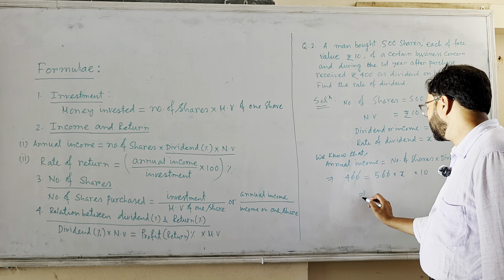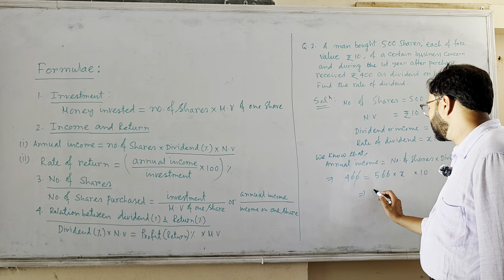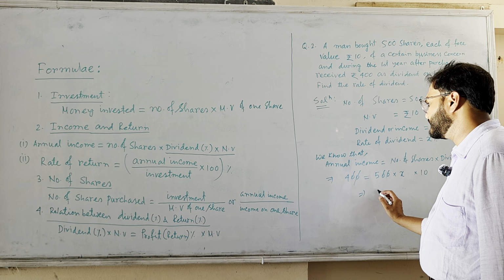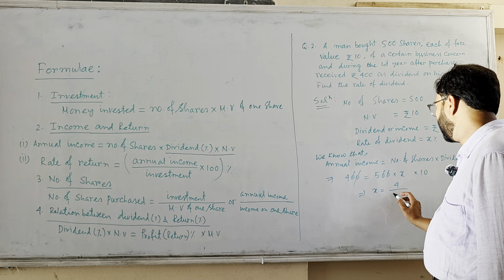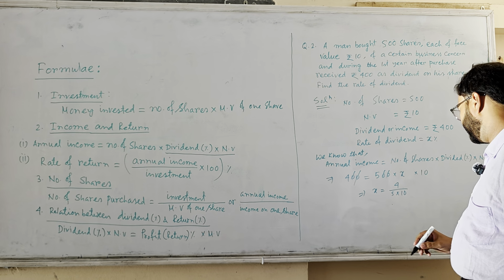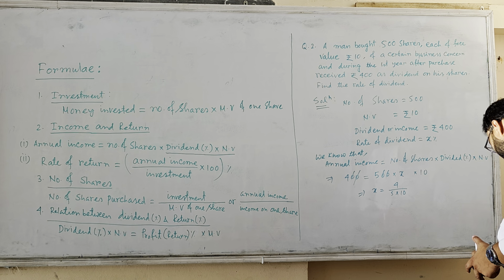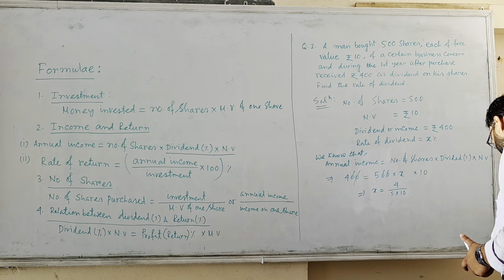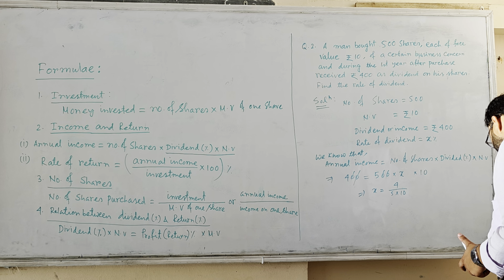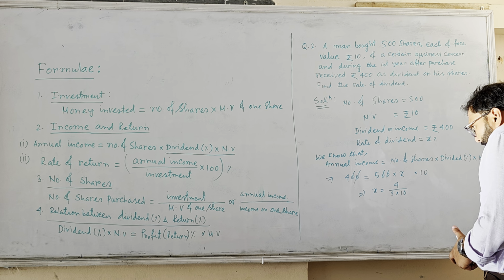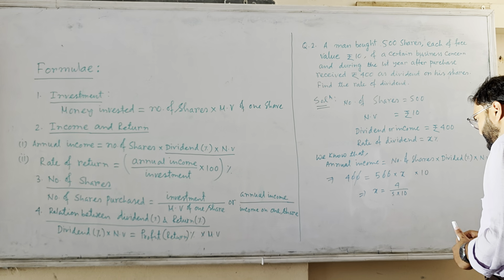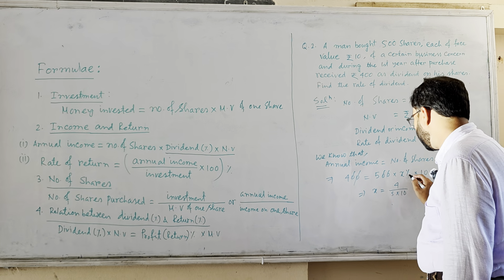So x equals 4 by 5 into 10. Sorry, this is the dividend percentage.